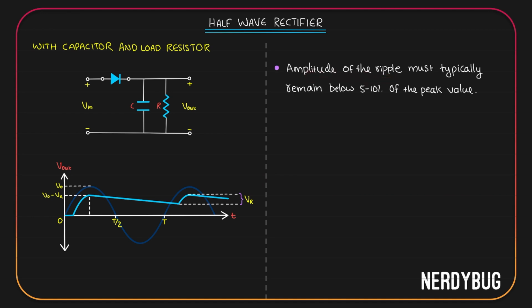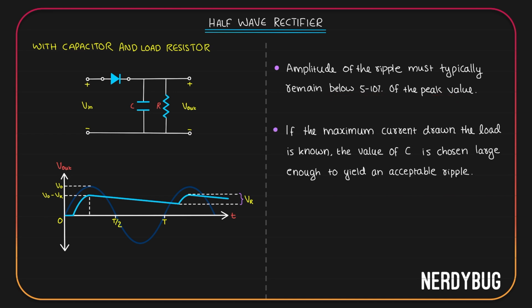Typically, the amplitude of the ripple must be below 5 to 10% of the peak value of the input. So while designing the half-wave rectifier, if the maximum current drawn by the load is known, then the value of the capacitance is chosen such that it is large enough to yield an acceptable ripple. Acceptable value of ripple is below 5 to 10% of the peak value of our input.